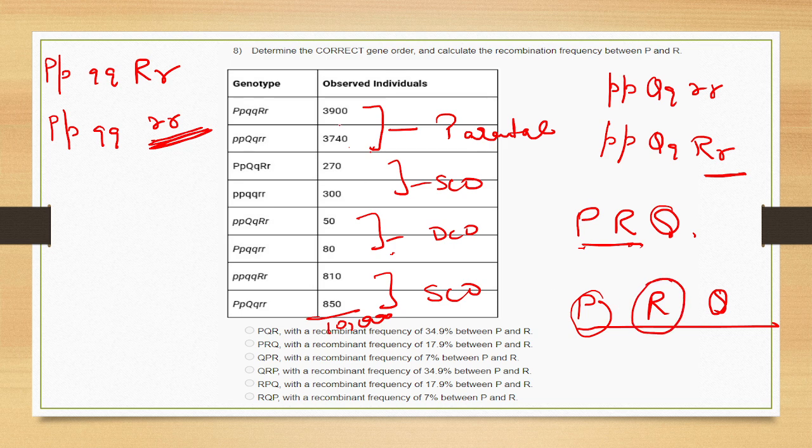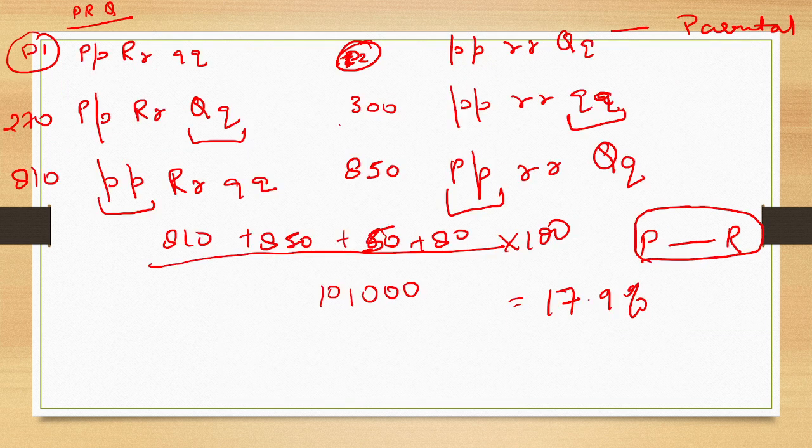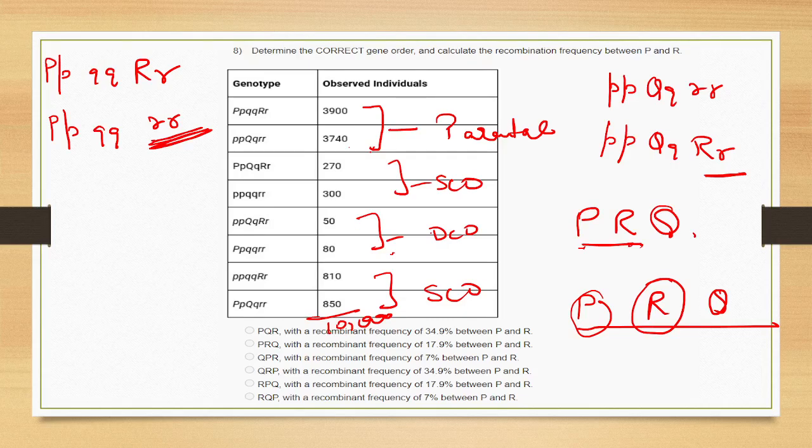So if you compare, just like I showed here, you can see that recombination of R has occurred in the double crossover classes. We already dealt with it. For P, in 810 and 850 classes recombination has occurred. So then what we'll do?